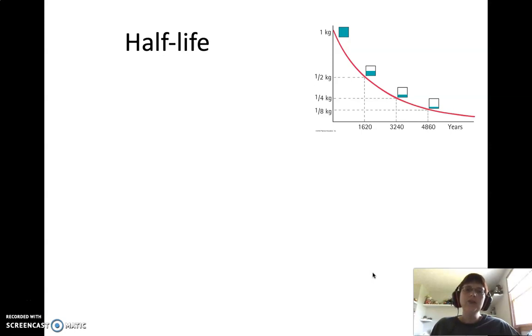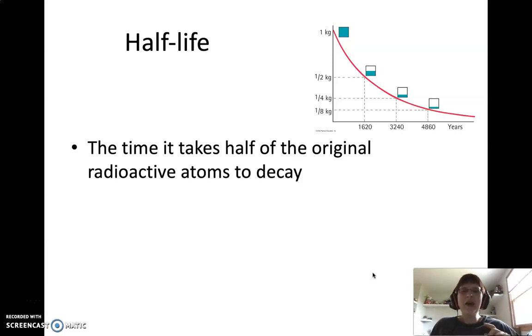All right, so this topic is part of what your lab is about. So half-life is not just a video game. It also is talking about how long it takes for those radioactive atoms to decay. So a half-life of a radioactive element is the time it takes for half of the original atoms to decay from being radioactive to a new form.